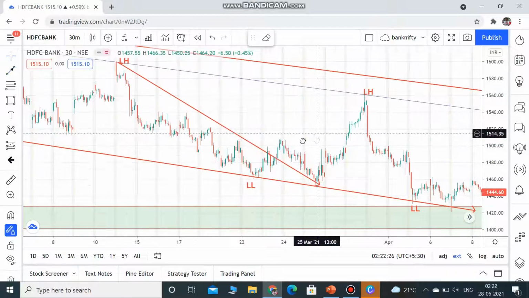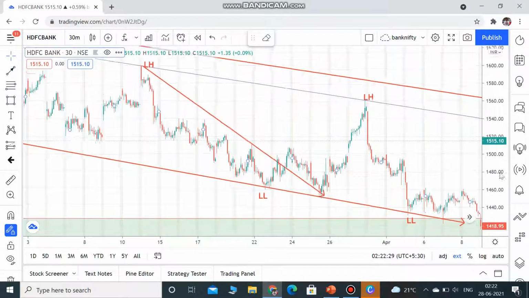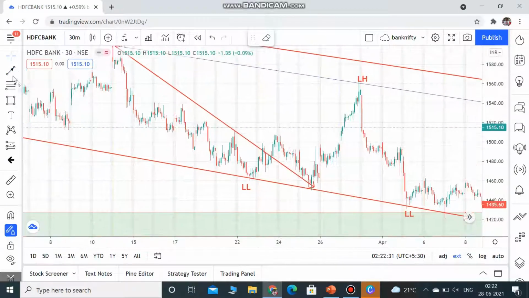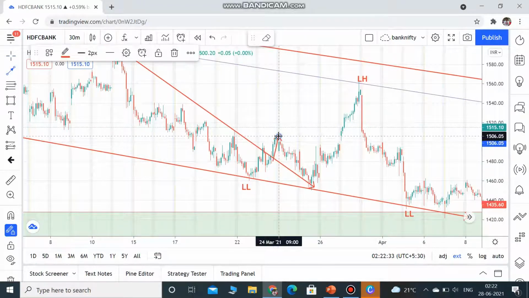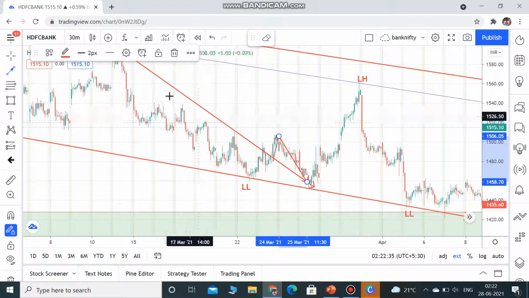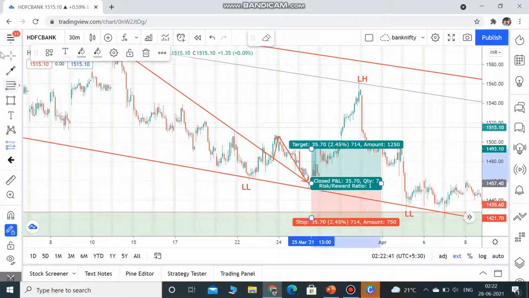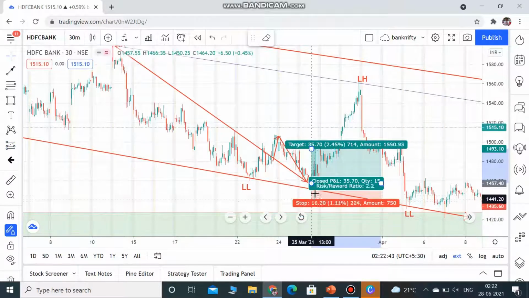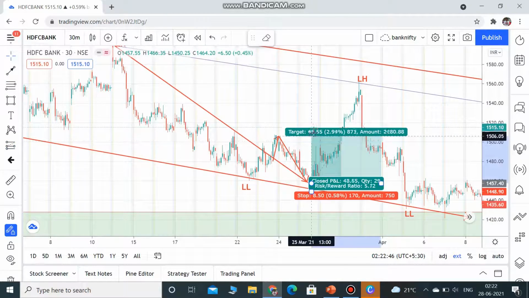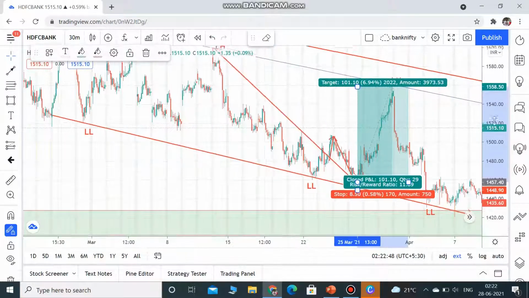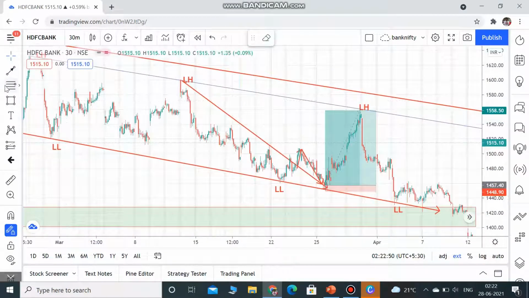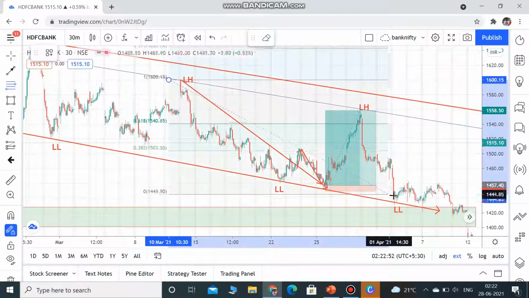Once I see there is a breakout, I will be waiting for the confirmation. So I see a breakout and then it comes down to the same trend line, and then I buy at this position, which is below the wick, and target till my Fibonacci 61 or this high.